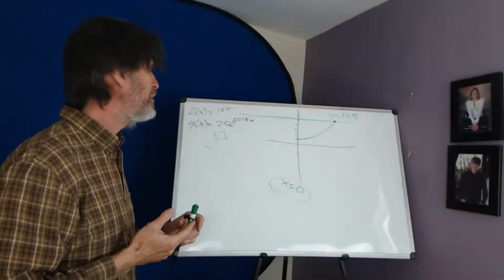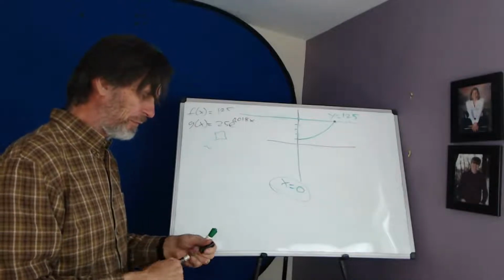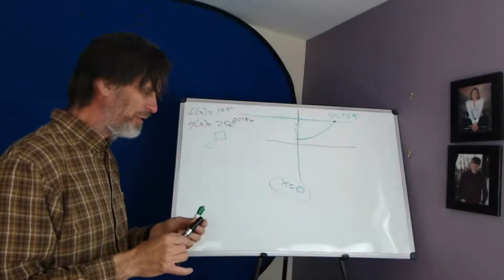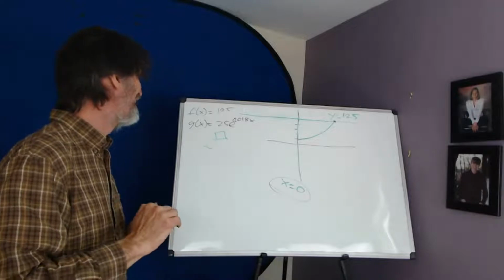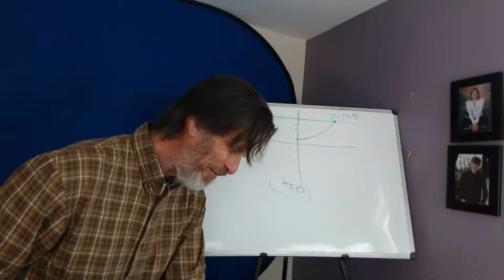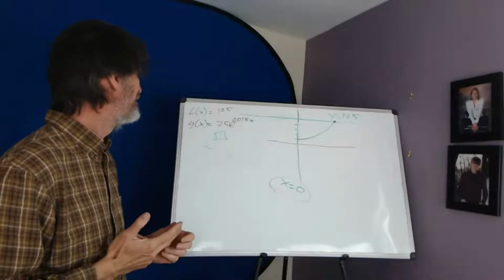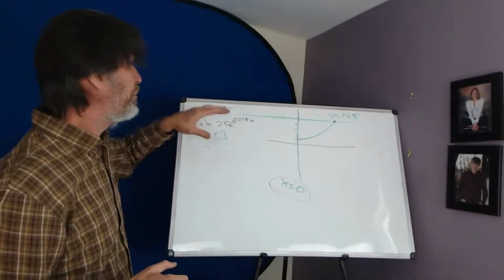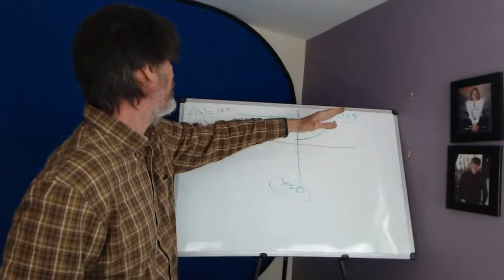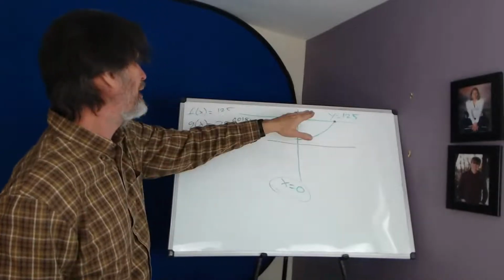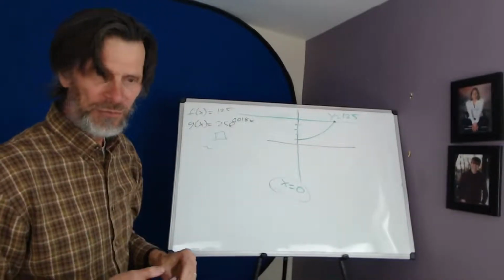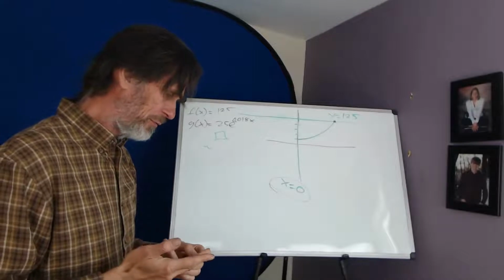If you got a negative 4, there's something that you did somewhere along the line that wasn't quite right, probably with a negative sign. So how am I going to find the point where 25e to the 0.018x is equal to 125? What do I have to do?